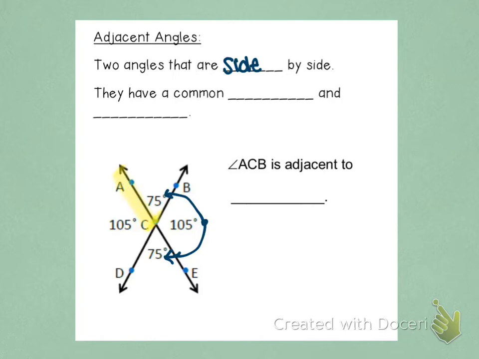So if we look here, ACB is adjacent to that angle that we were just working with, BCE. If we notice, they share the same vertex right here. So angle ACB is adjacent to angle BCE.